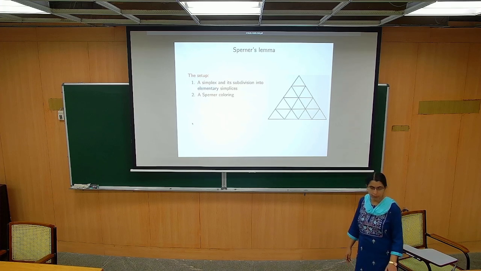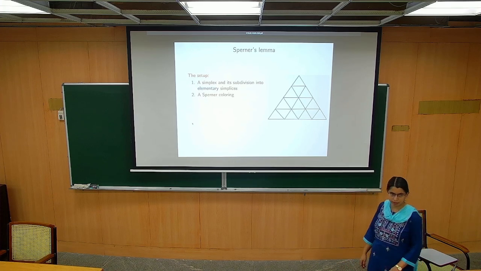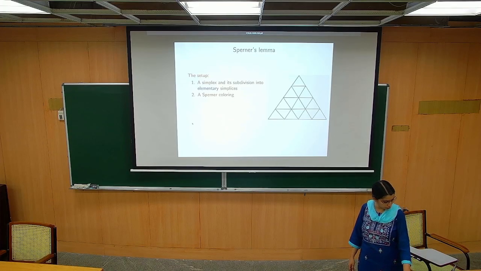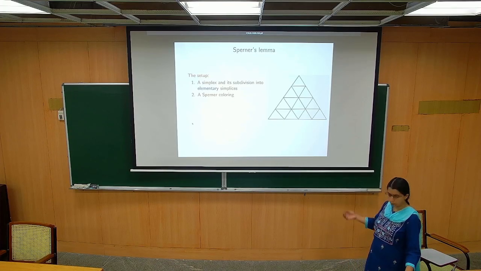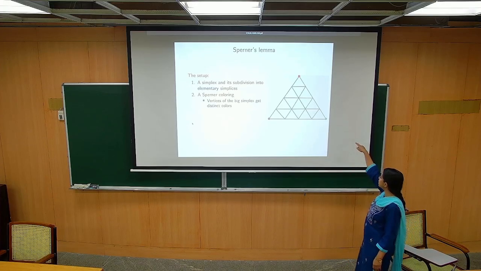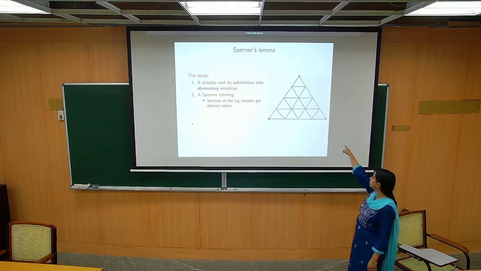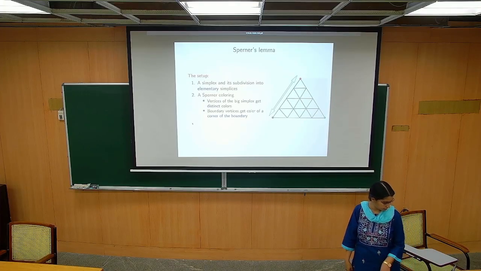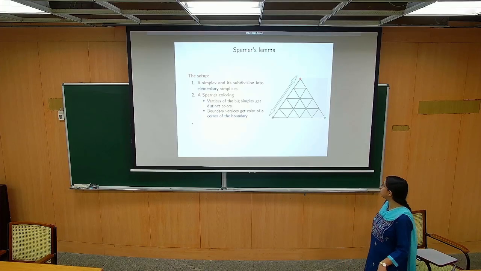Now what we want is a so-called Sperner coloring. Now what is a Sperner coloring? The main vertices of the big triangle get different colors. So here you see that they have purple, red and green color. And now we have to color the boundary vertices.